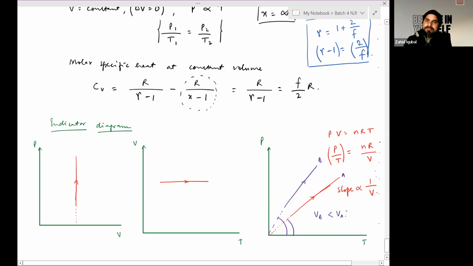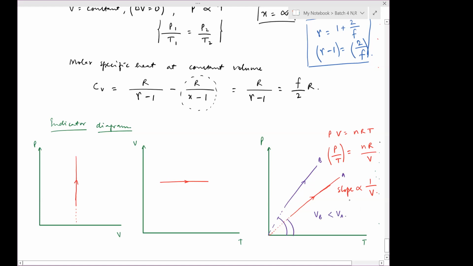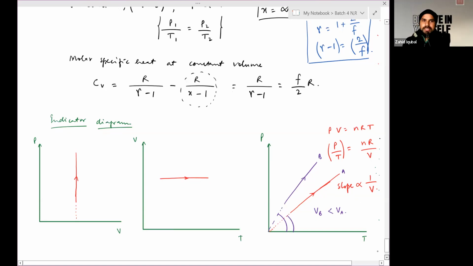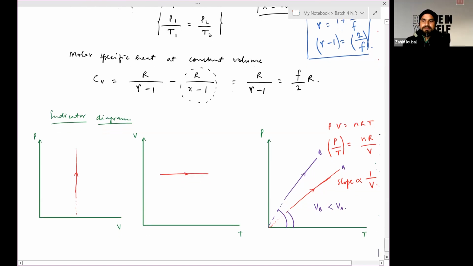Gautam, is it clear? Yes, sir. This is similar to what I defined above for the isobaric process, in which we had the curve for V versus T. Raza, any doubt? No, sir.